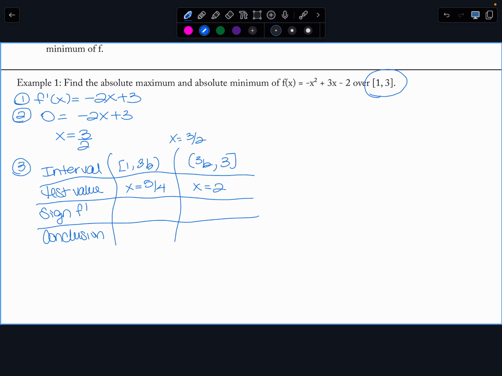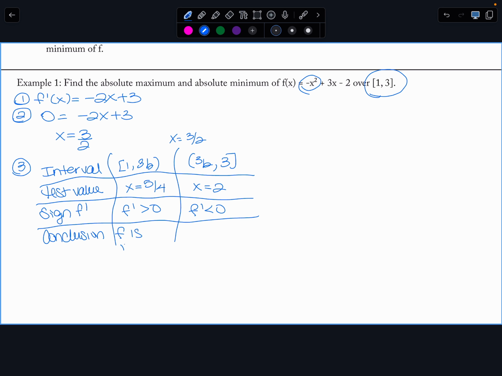You should know without even plugging in these values what it looks like. I should be able to tell the conclusion because I know something about parabolas, and that is my a value is negative, so it automatically opens downward. So that means that f prime here should be bigger than 0, and f prime should be less than 0.